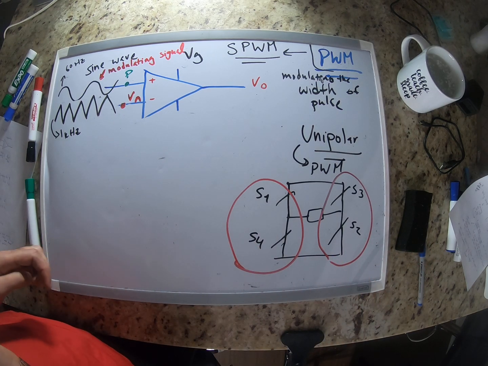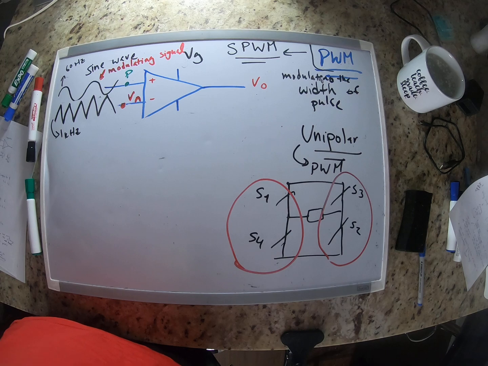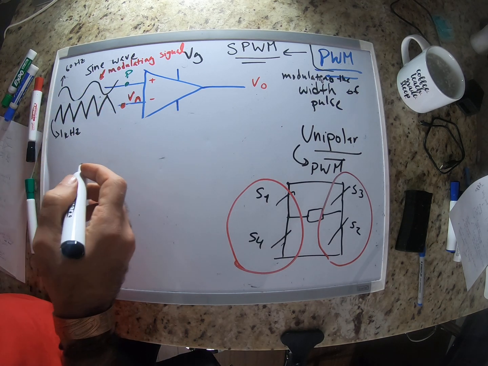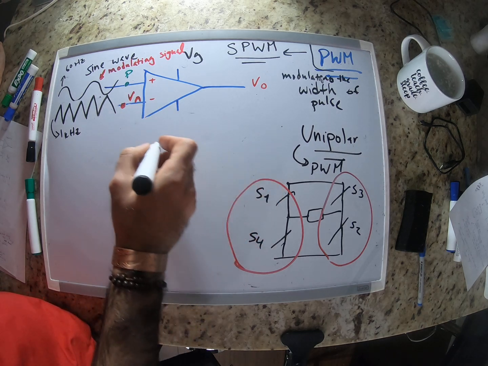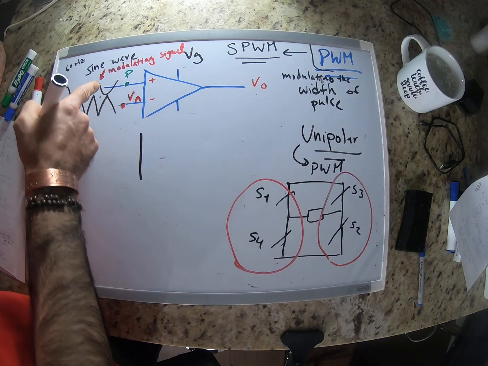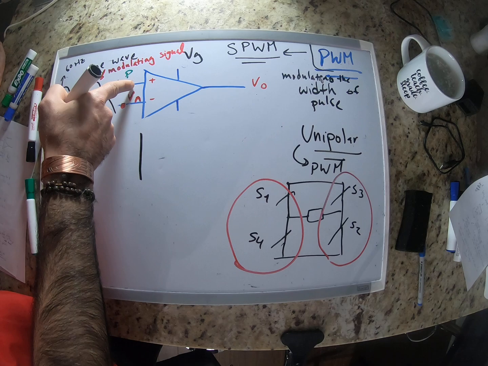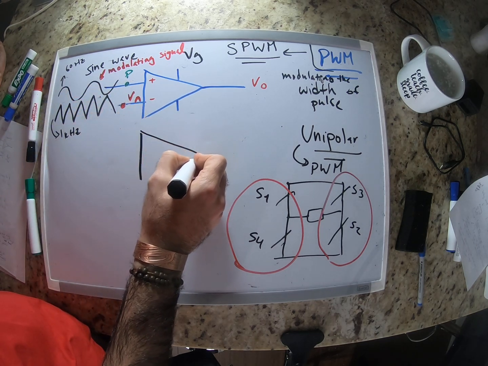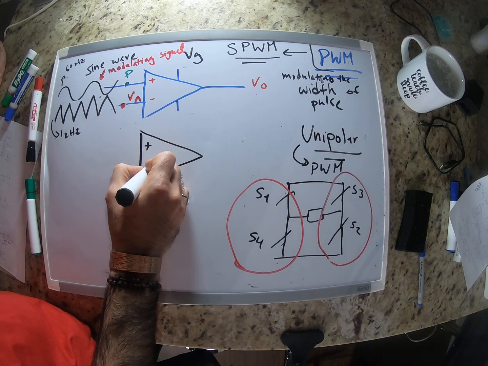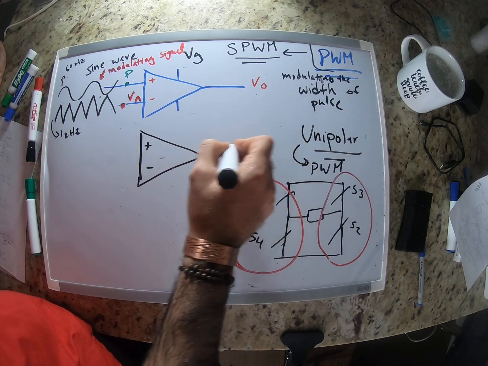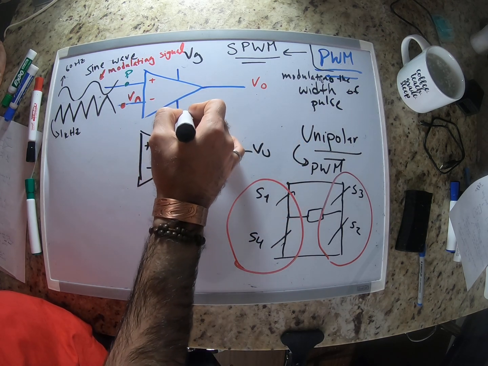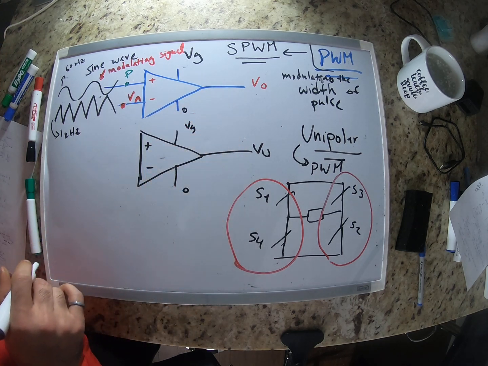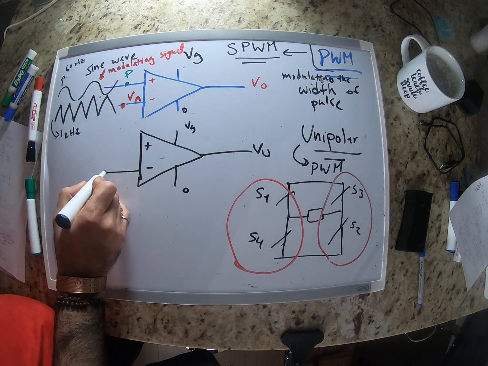Okay, so we need to fire them independently from each other. So we need to have two comparators. The way PWM takes care of that is having one sinusoidal here going to one comparator, and we have the carrier signal here. We will have another comparator. Again, let's say this is 0. That would have exactly the same carrier.